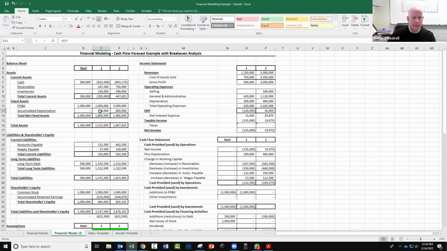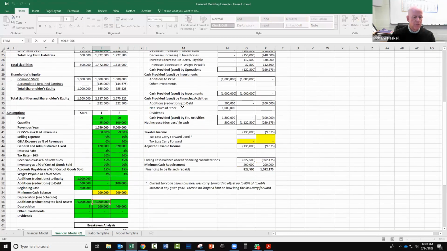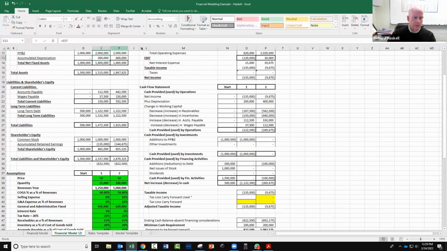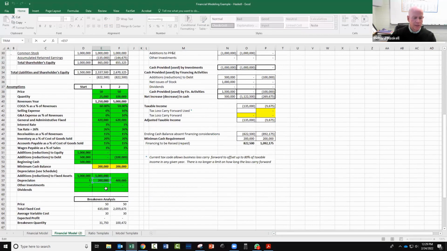So where did I get the assets of 2 million? Well, I took the prior balance and added to it any new asset purchases. Where did I come up with the 200,000 depreciation? I simply reference it directly from my depreciation assumption.